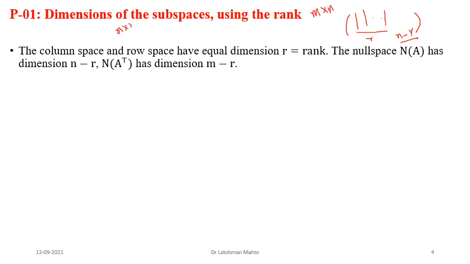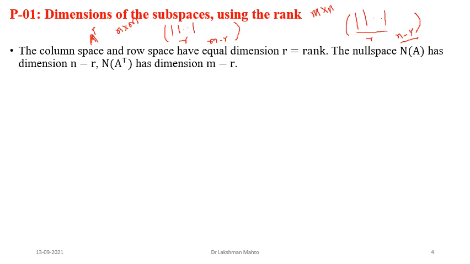So in A transpose you will observe m columns. The first r columns would play the role in the row space, that is, the column space of A transpose, and the remaining m minus r columns would be non-pivot columns.